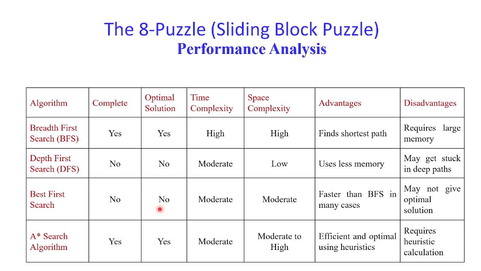No, because of its greedy choice, it does not always lead to the best path. Time complexity is moderate, it's much faster than BFS in many practical cases. When we talk about the space complexity, it's also moderate. It's faster than BFS in many cases, but does not give an optimal solution.